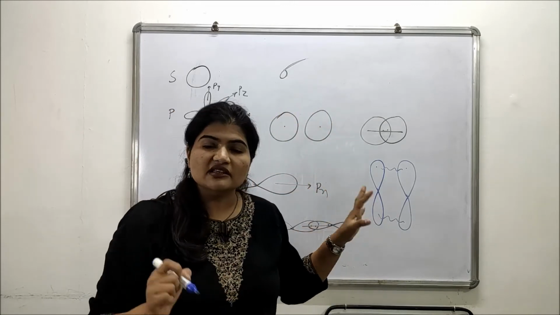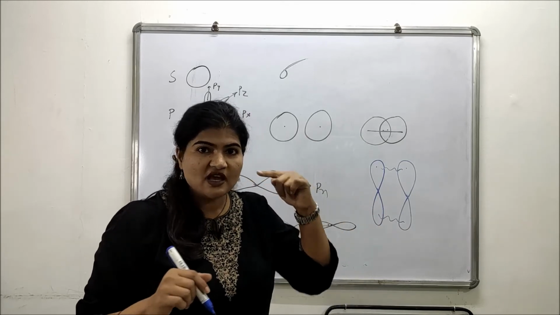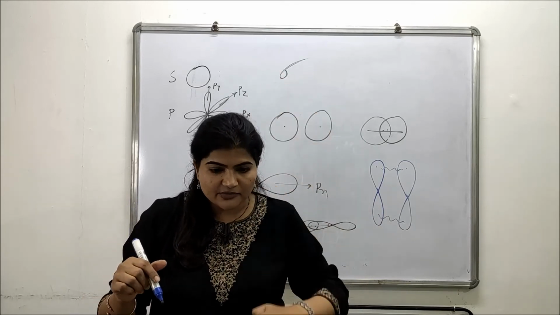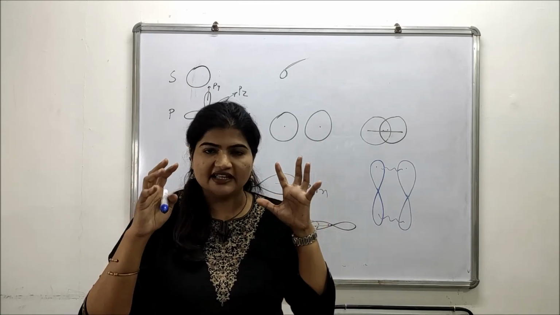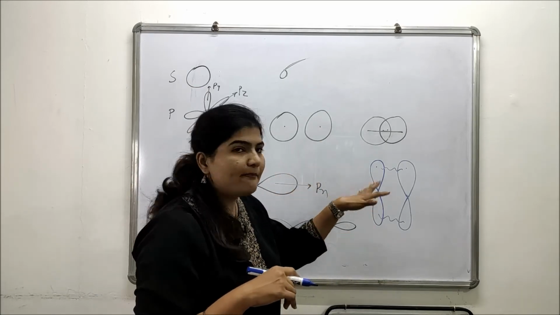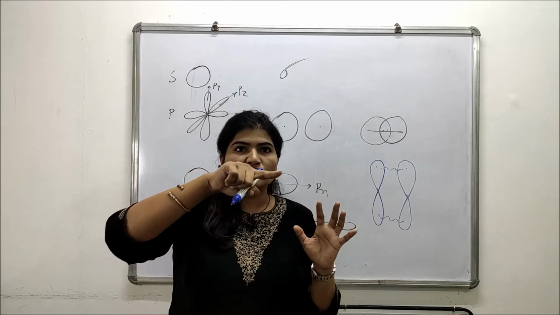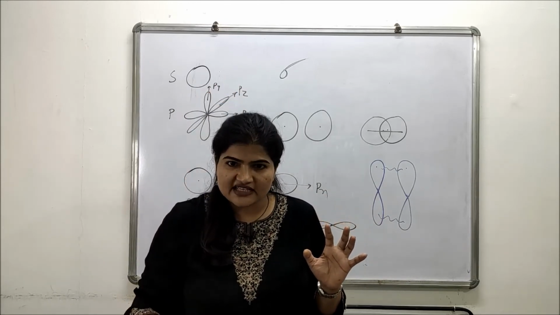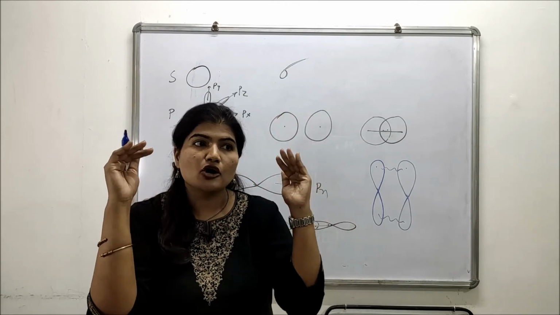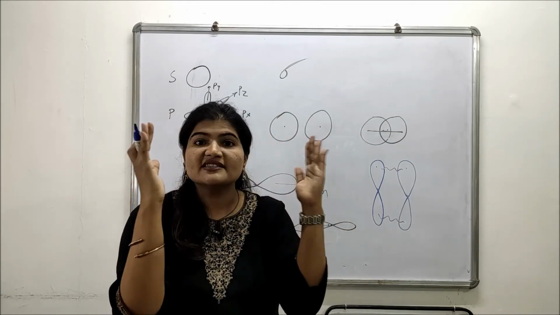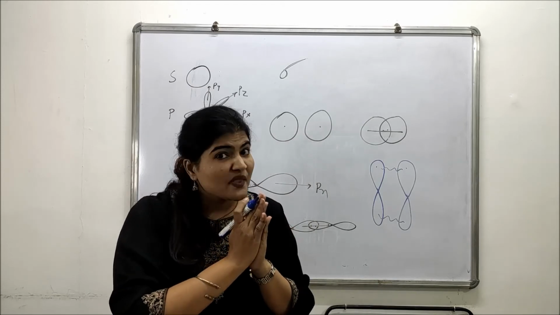The py orbital has two lobes, one above the plane, one below the plane, and the electrons are free to move in any of these territories. So a pi bond is formed above the plane as well as below the plane, right? So this is how a lateral or side by side or sideways overlap is happening.